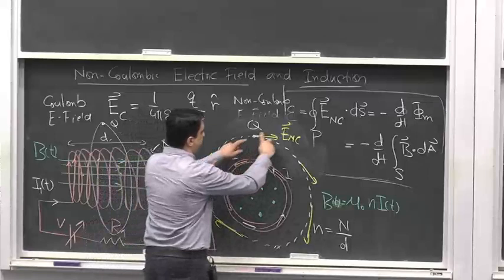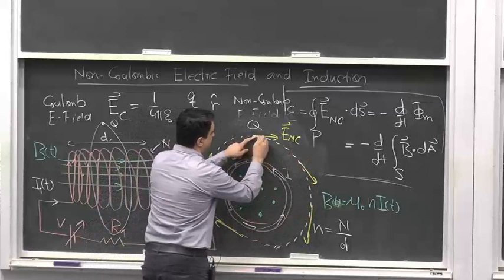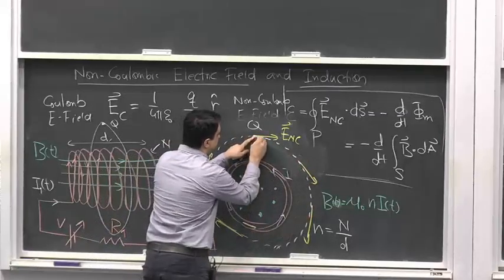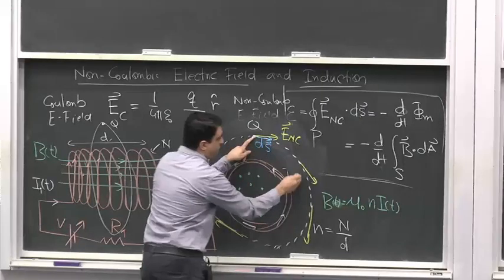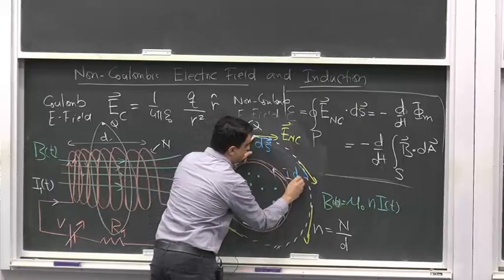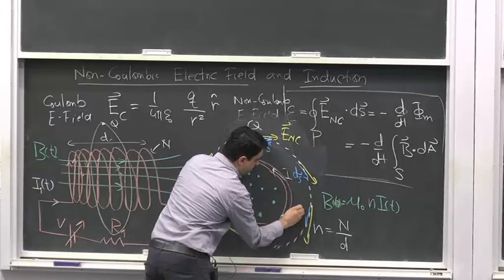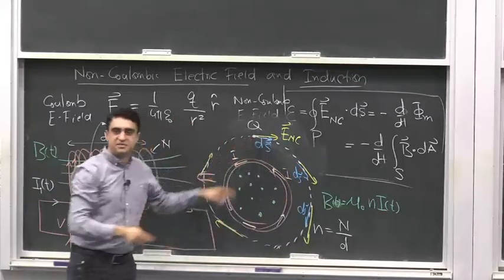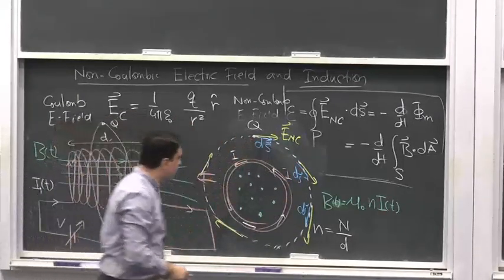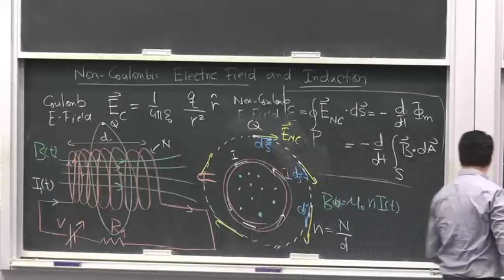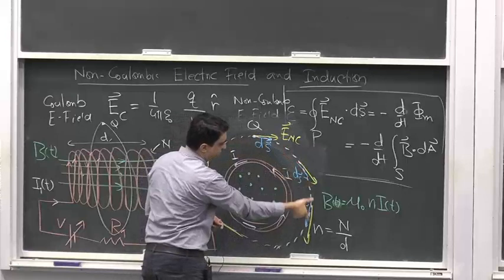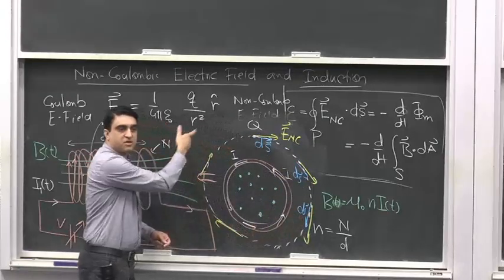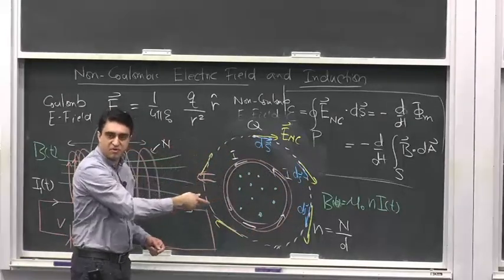Let's say you do an integral along this circle. At each point, the ds, which is the path element, is always parallel to this electric field as well. Moreover, what you can assume by symmetry is that the magnitude of this non-Coulombic electric field is constant all over, just by the symmetry of the problem.